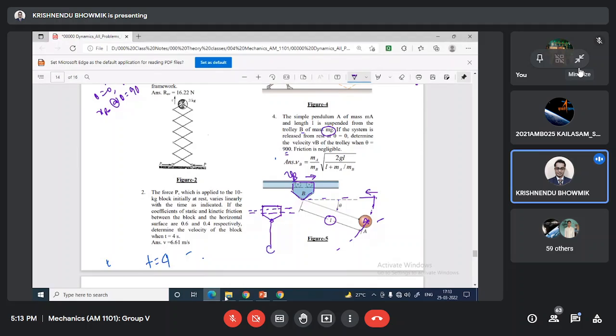And say this is A and this is B. And it is getting velocity VB like this, and there will be some theta variation like this, or I can write theta dot, some angular velocity, and this angular velocity will give length multiplied by theta dot, some linear velocity.